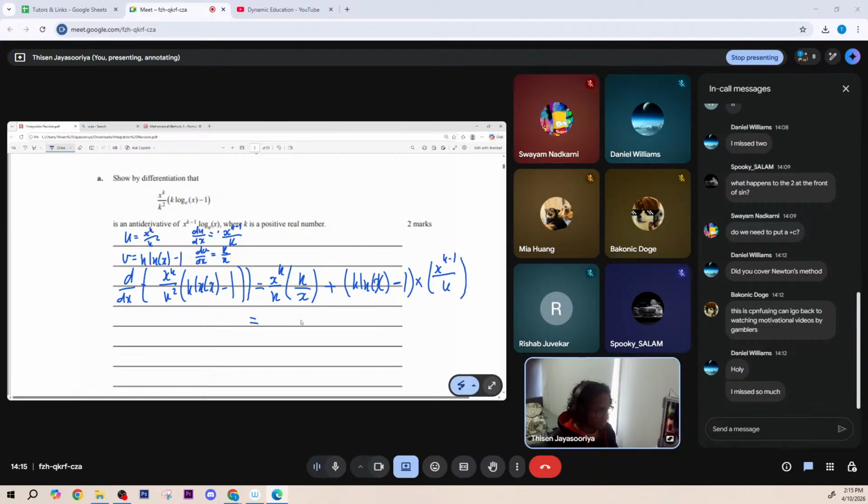I'll ask Swayam, how do we simplify this one?